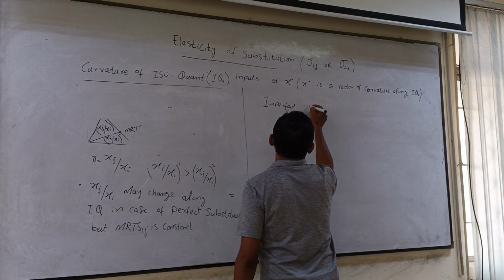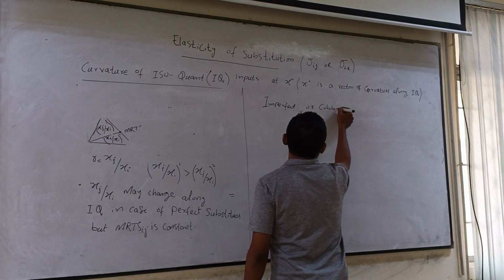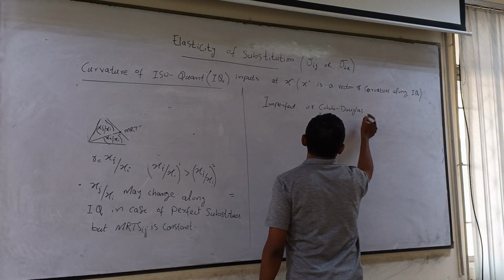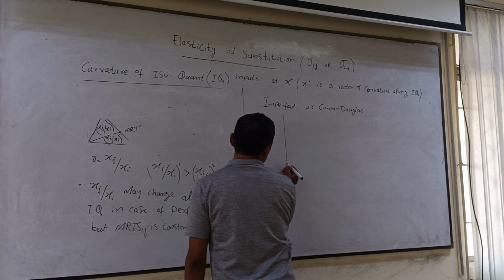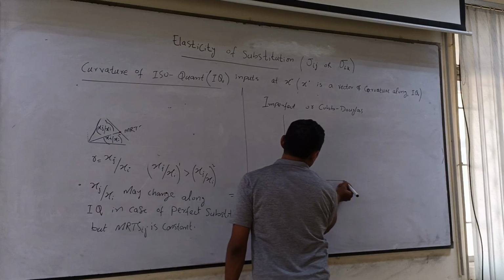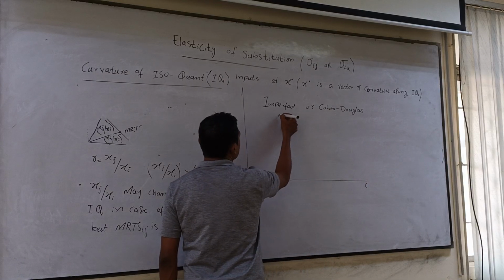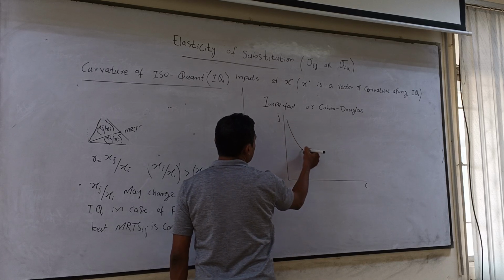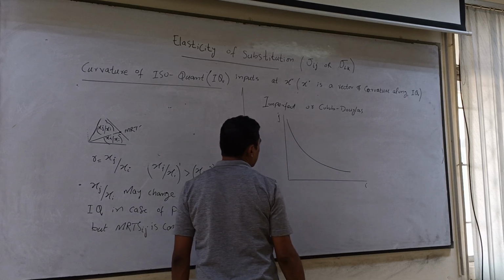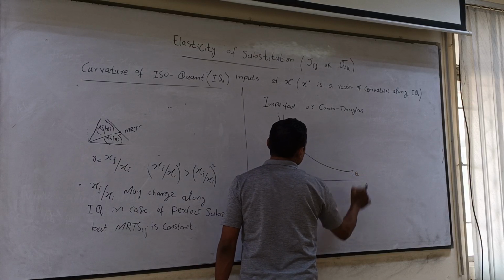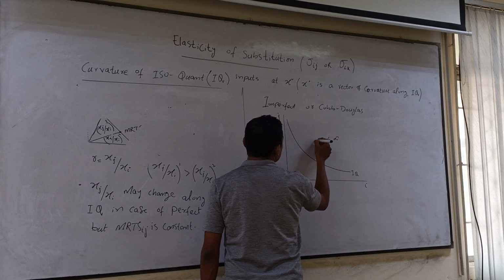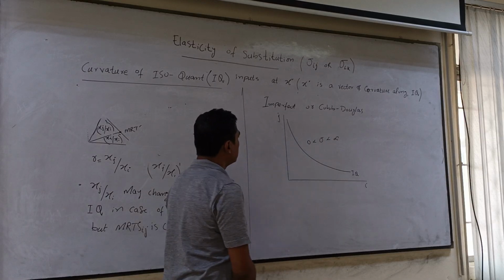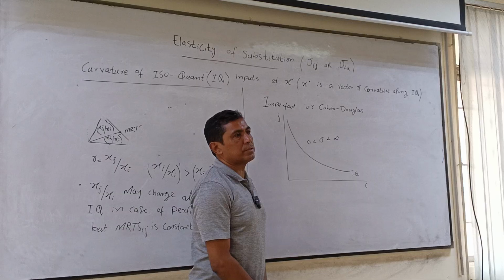Imperfect, or Cobb-Douglas. Clear? The elasticity of substitution lies between 0 and 1.